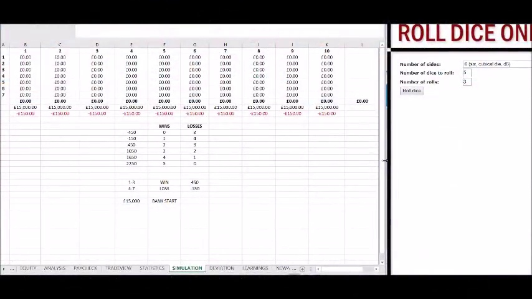So here we are in the simulation mode. I wanted to briefly explain some additions I've made to the spreadsheet. You may remember this format from the last webinar. There have been some slight changes.